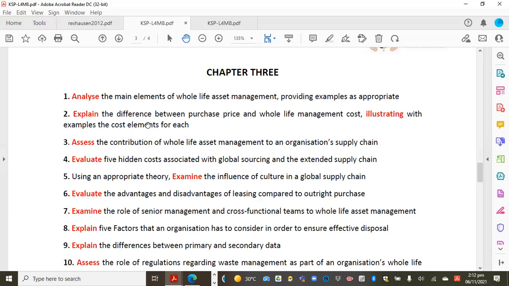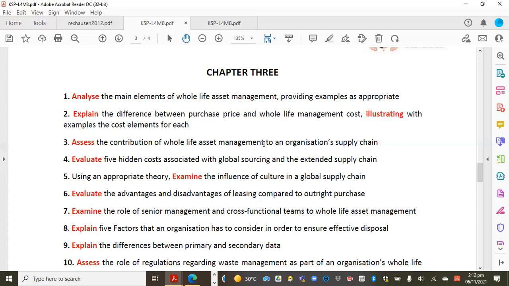Okay. So then we can look at question 3. Assess the contribution of whole life asset management to an organization's supply chain. So whole life asset management, how important is it? Yes, it supports sustainability, because it's sustainability that will consider the product from cradle to its grave. So we are concerned about how the product will be disposed of.